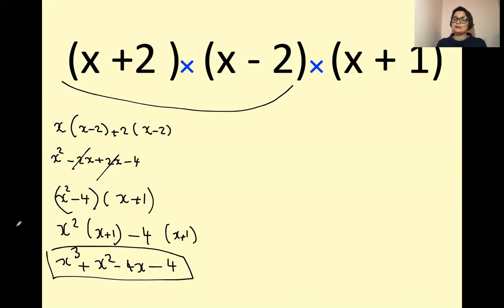So the rule is multiply the first two brackets. Step number 1: first multiply the first two brackets.